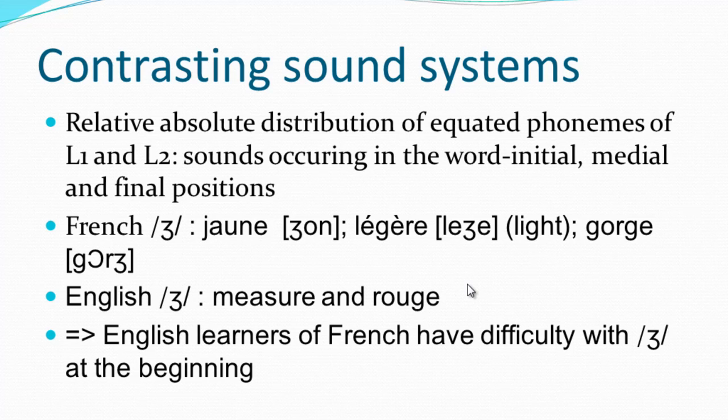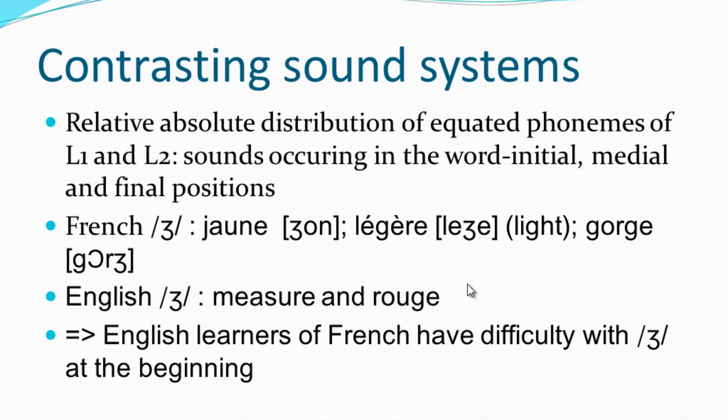Now, je. In French, you see, it can be at the beginning. It can be in the middle position, or it can be at the end of the syllable. While in English, you see, je always occurs at the end of the syllable.